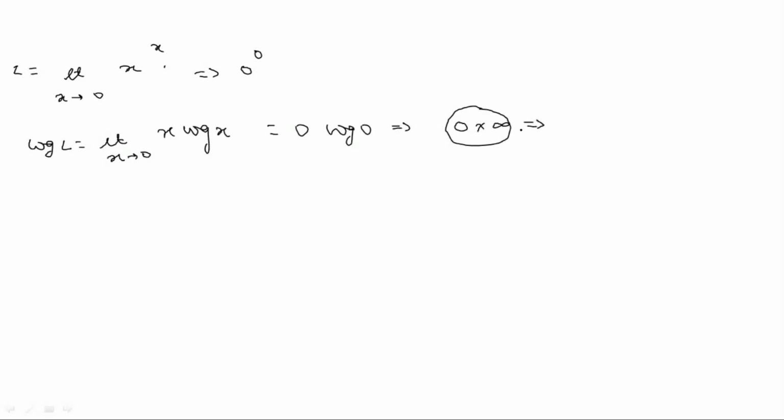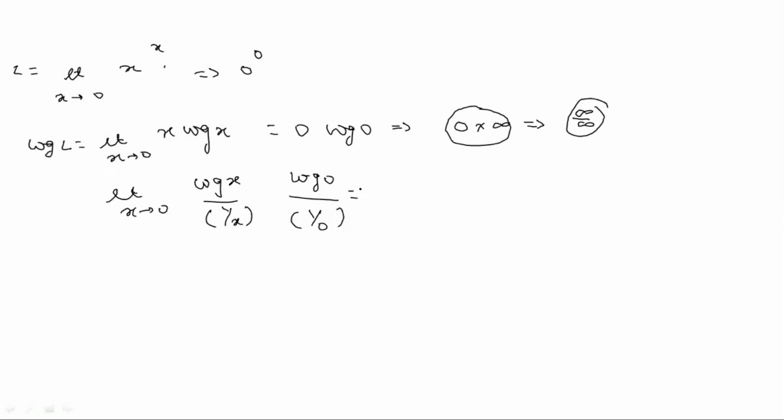So we make this format infinity upon infinity: the limit as x tends to 0 of log x upon 1 by x. Now this has become infinity upon infinity format. If we put x equal to 0, then log 0 upon 1 upon 0 means it is tending to infinity upon infinity.